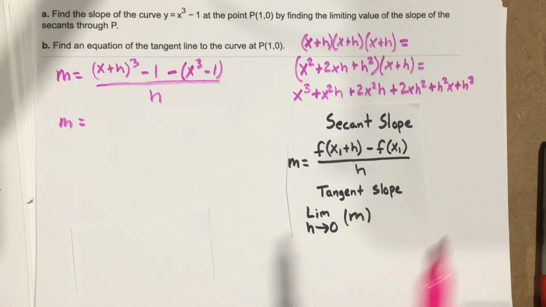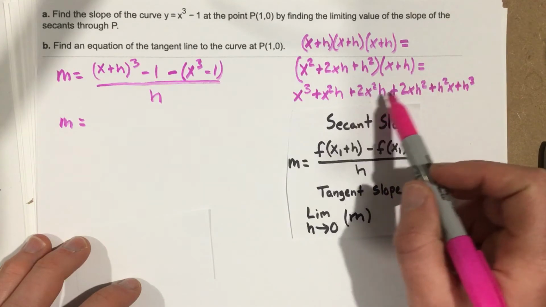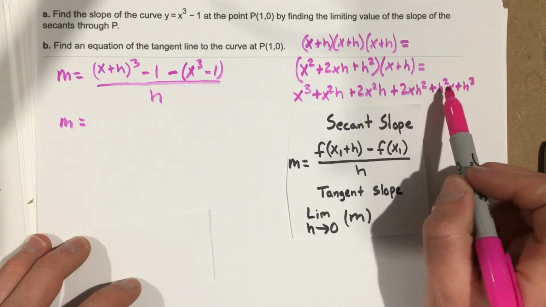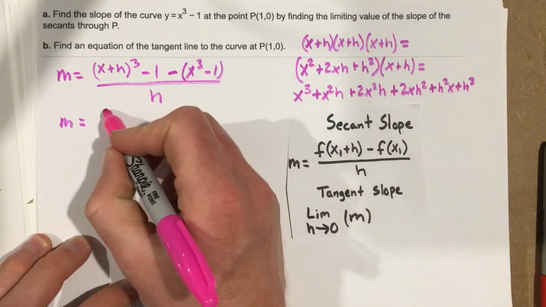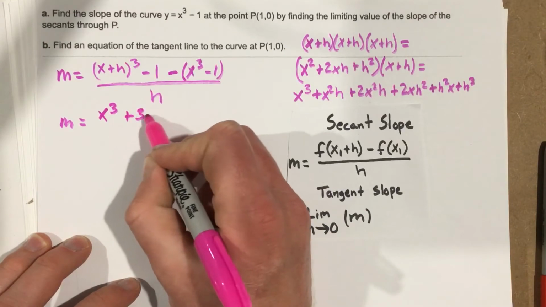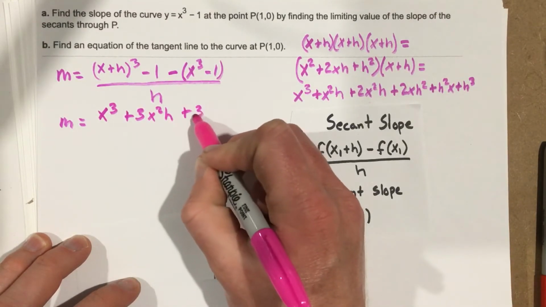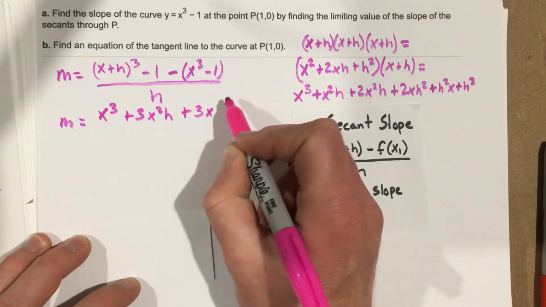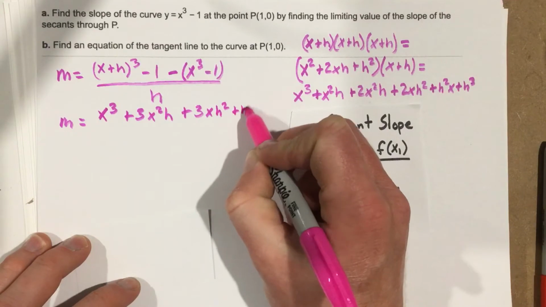Now we can combine some stuff together. This can combine with this to make 3 of them. This will combine with this to make 3 of them as well. So we really get x cubed plus 3x squared h plus 3xh squared plus h cubed.